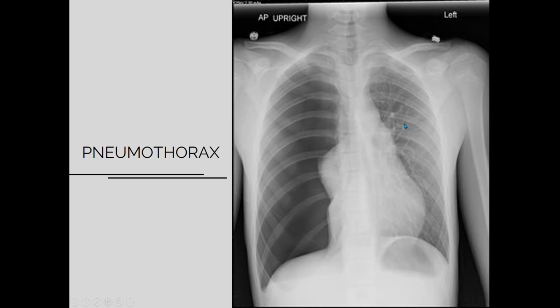But since we are dealing with trauma, you can see that in this lung field you cannot notice any bronchovascular markings. This is smooth black. So since there is no bronchovascular marking, this is basically pneumothorax, and you can even notice the collapsed lung.